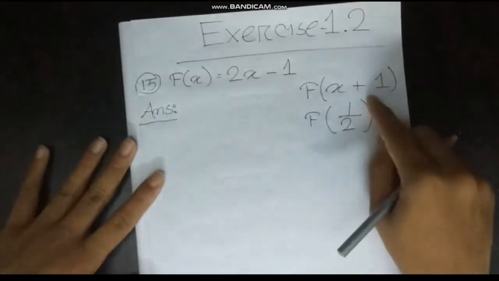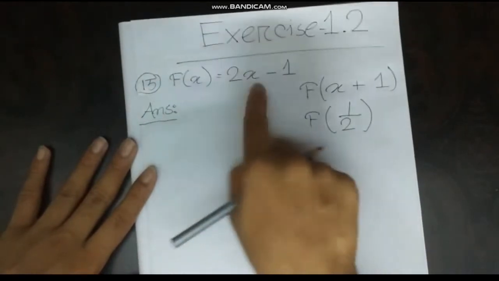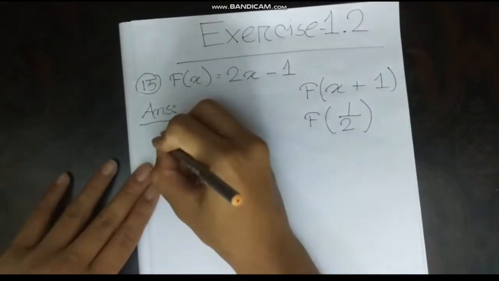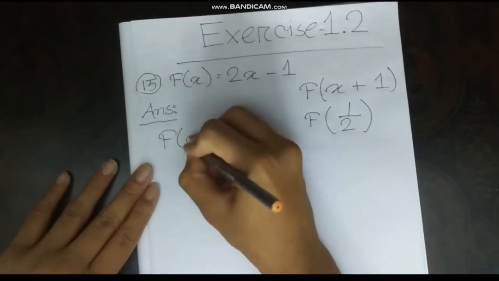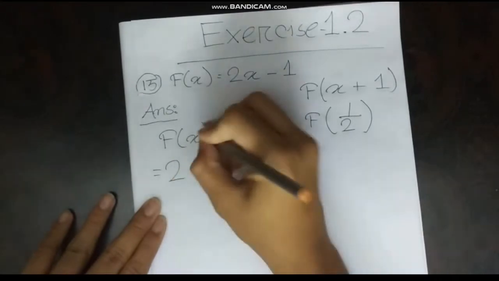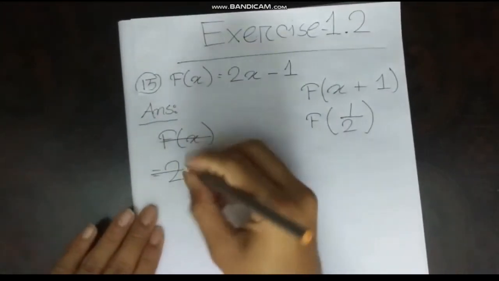Okay, what is f of x plus 1? It's basically you put this value in the place of all the x's in the equation. There's only one x, that's easy for you. f of x is equal to... sorry.